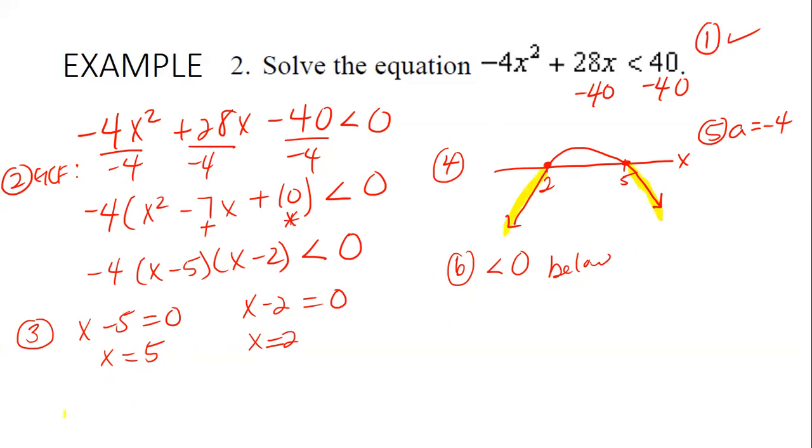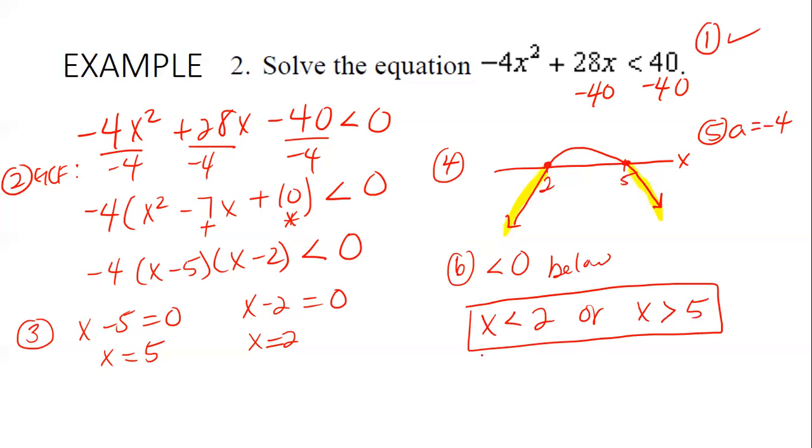So to the left of 2 and to the right of 5 means that x is less than 2 or x is greater than 5, because it's below, and they're not connected. So will we write them connected if they're not connected? No. That's where the word or comes into play.